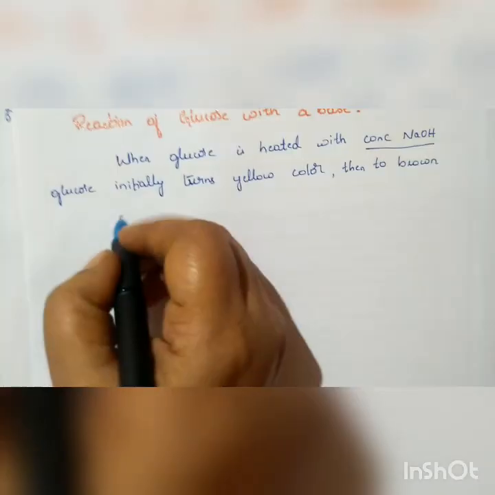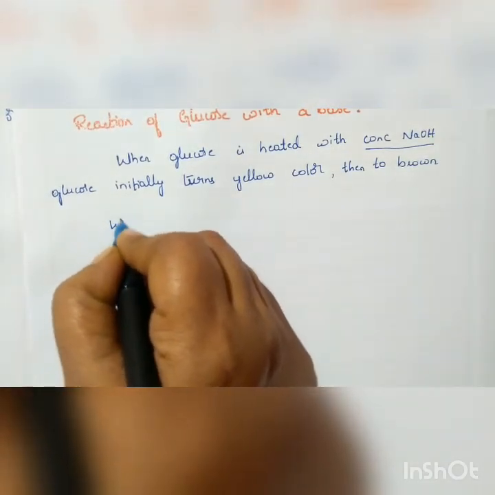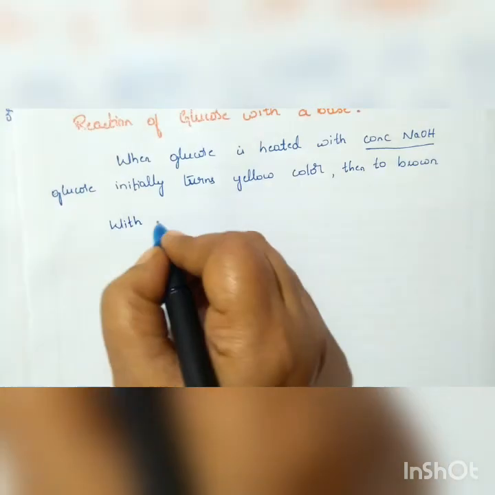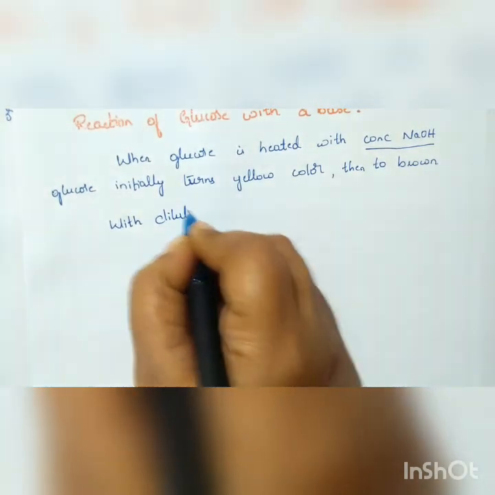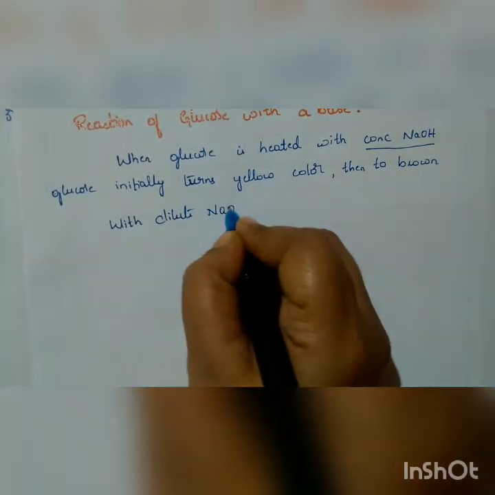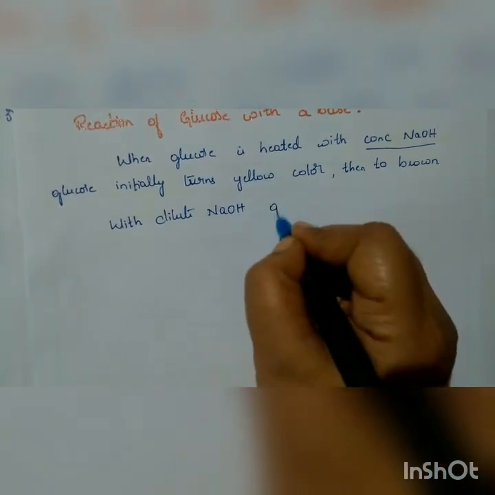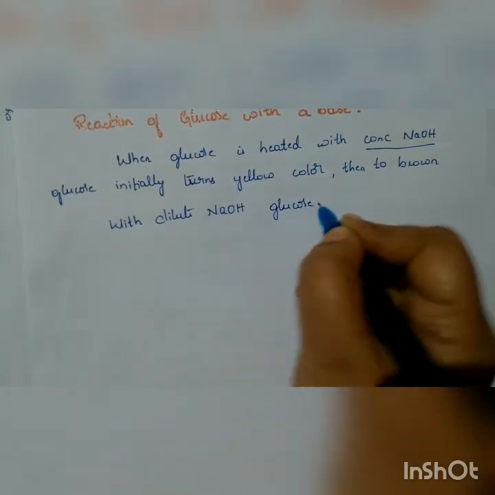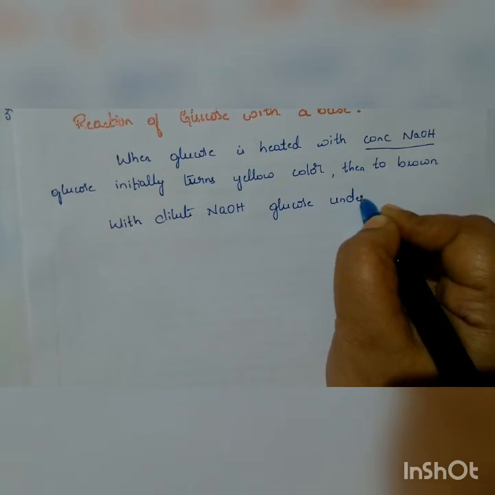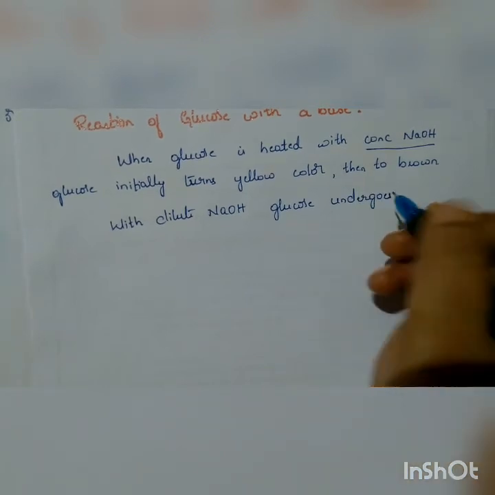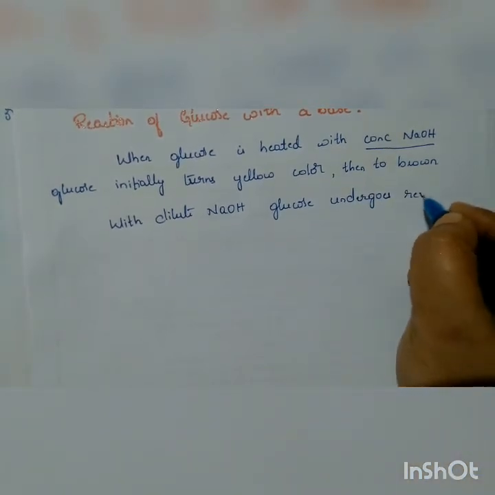If the same thing is treated with dilute NaOH, then glucose undergoes reversible isomerization.